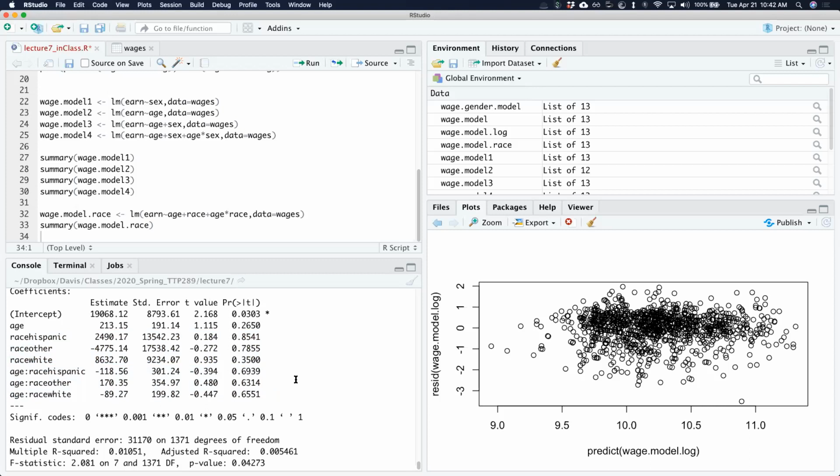For someone who is Hispanic, they will make $24.90 higher at the intercept at an age of 0. But every additional year in age only is 213 minus 118, and so on and so forth. You essentially use the same rules to make the interpretation for both the intercept for each of the races and for the slope for each of the races.